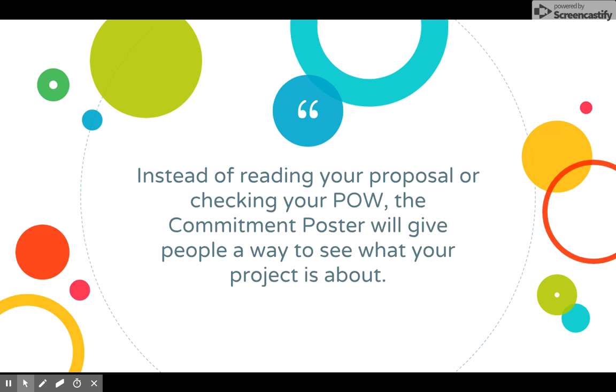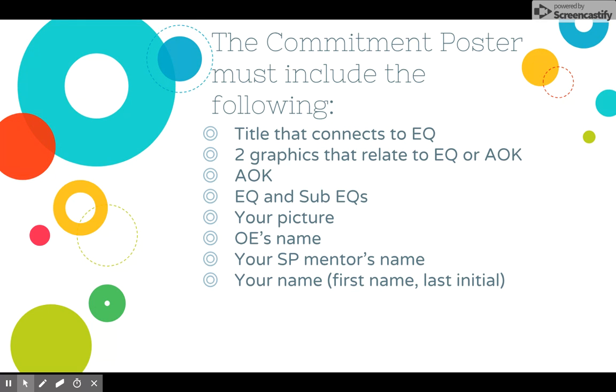So what does that mean? Well, it is a list of aspects of your project that you can inform the public of to advertise what it is that you are doing. The list of requirements is actually quite lengthy, so pay attention.